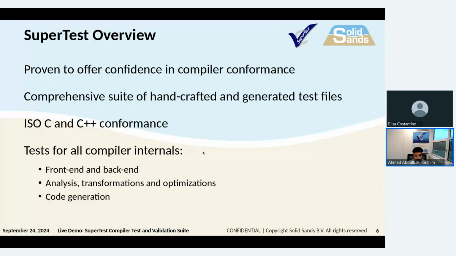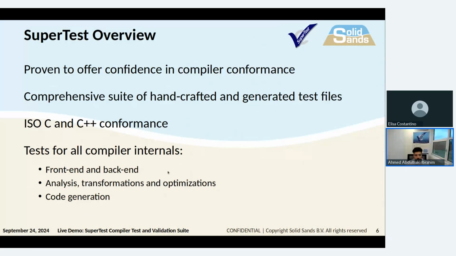For example, the C and C++ standards do not provide specific guidelines or requirements regarding optimization flags. However, by virtue of our compiler experience, we are aware of how different optimization levels and flags significantly impact the code generated by the compiler. And this is precisely why we developed a comprehensive optimization suite where we can effectively verify the correctness of optimizations that are applied by a compiler.